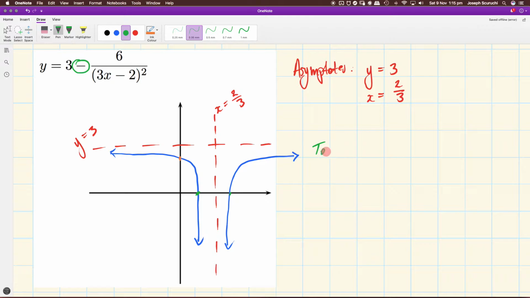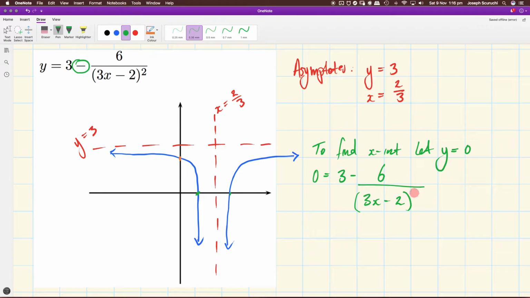So to find the x-intercepts, let y equal 0. I'm going to be left with 0 equals 3 minus 6 over (3x minus 2) squared.